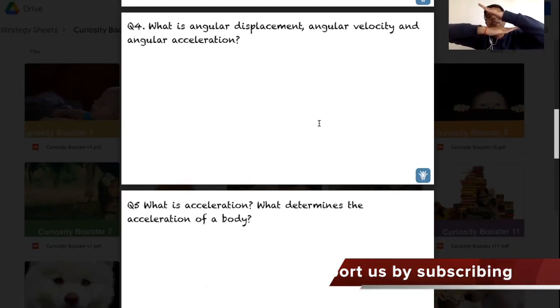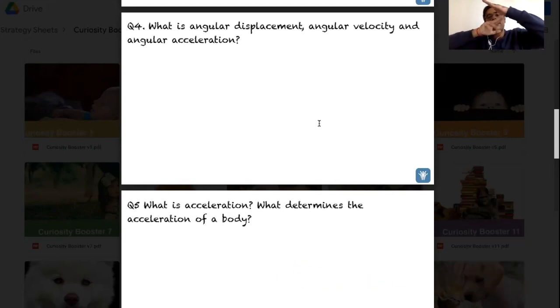Initially, let's say we make an angle theta1 with the horizontal, and after some time we make an angle theta2 with the horizontal, which is the second point. So angular displacement is nothing but theta2 minus theta1, the angle that we have displaced from point A to point B. Then angular velocity is the rate of change of angular displacement, and angular acceleration is the rate of change of angular velocity with time.